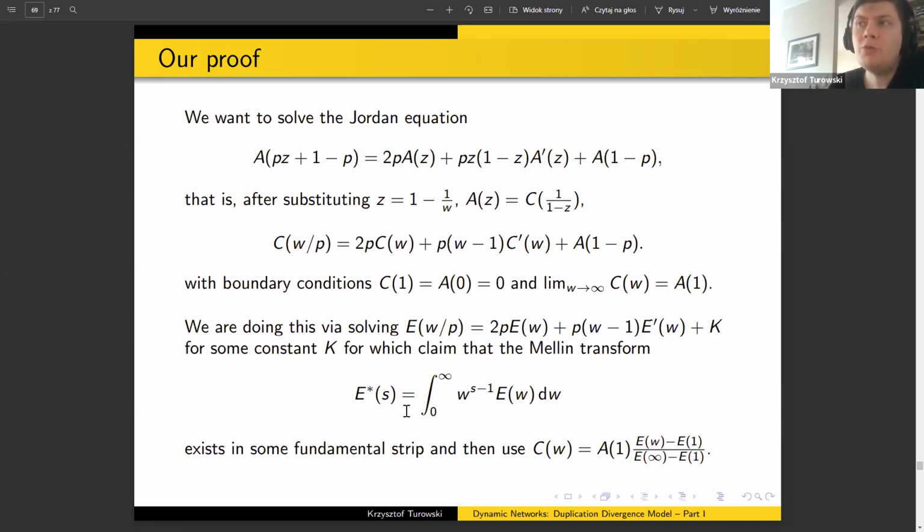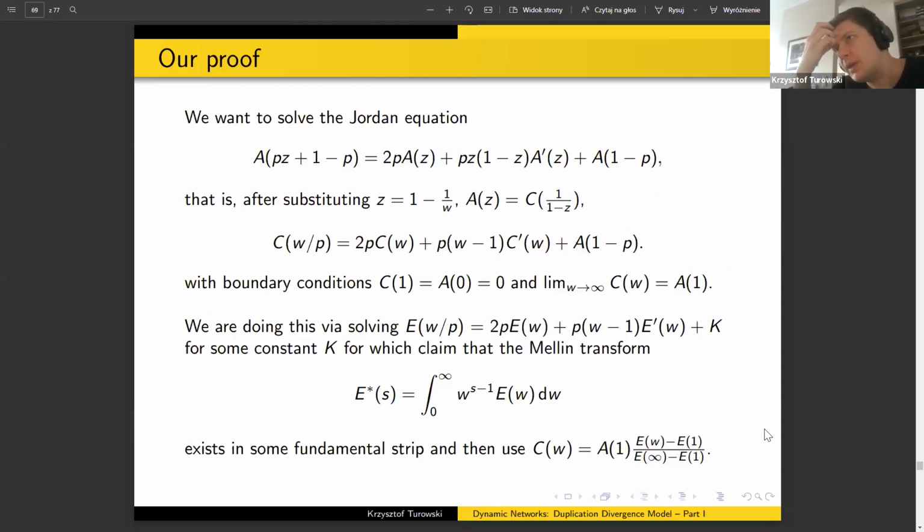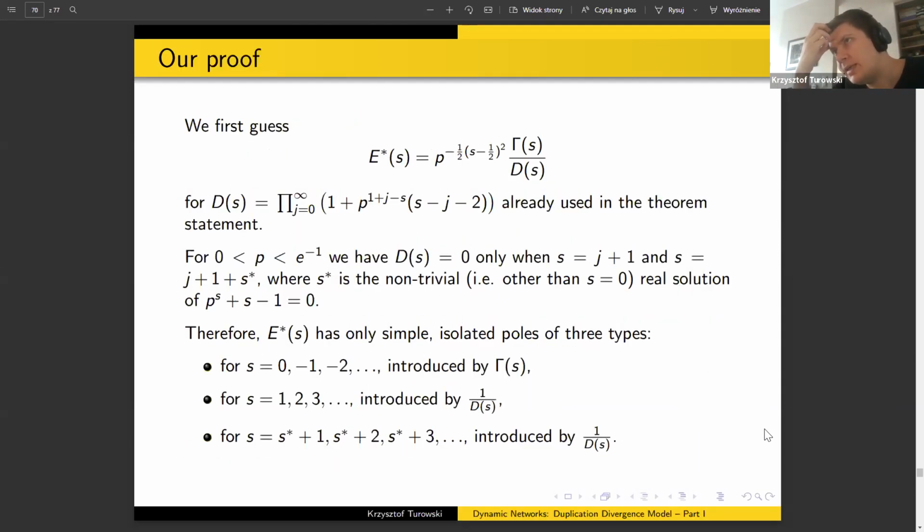Okay, so suppose we find this solution. Then to reverse it, it is sufficient to apply this linear transformation, right? So we can use this and we can obtain the solution for CW. And our proof began actually by guessing.